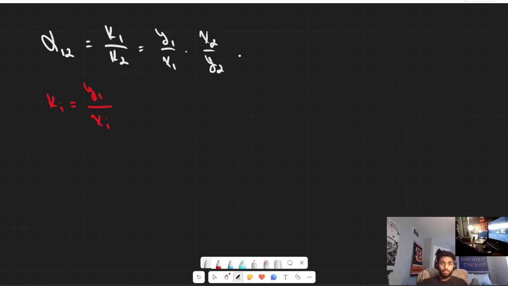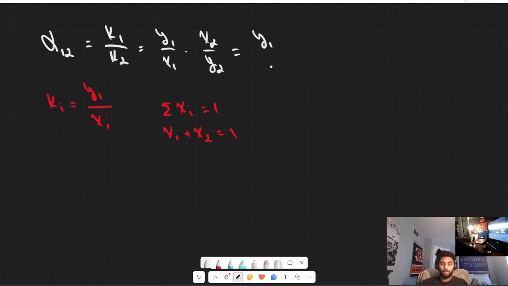Furthermore, we know that the sum of any components x_i is equal to 1. So for example, x1 plus x2 in our binary mixture should equal 1. Given that information, we can put everything in terms of a singular component.